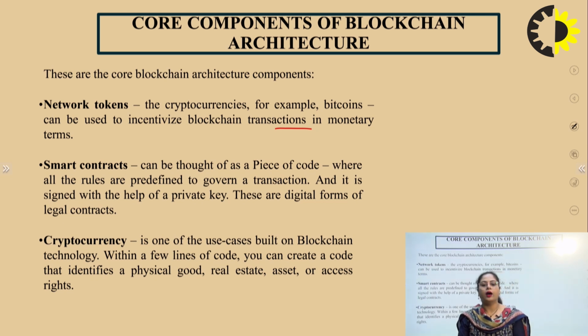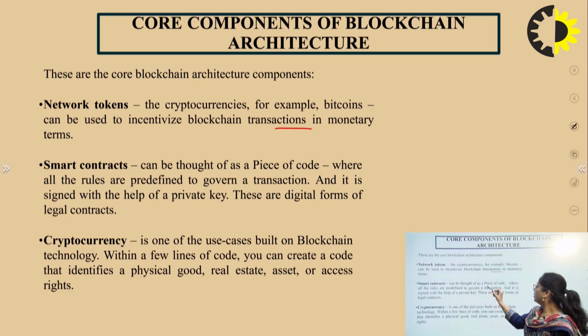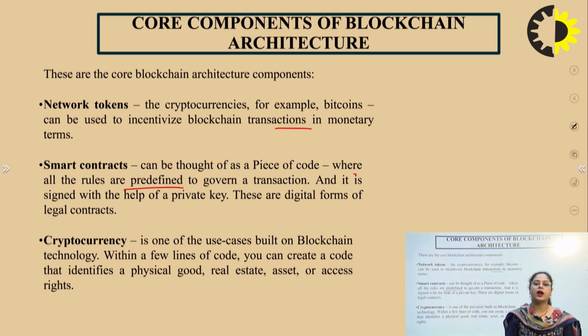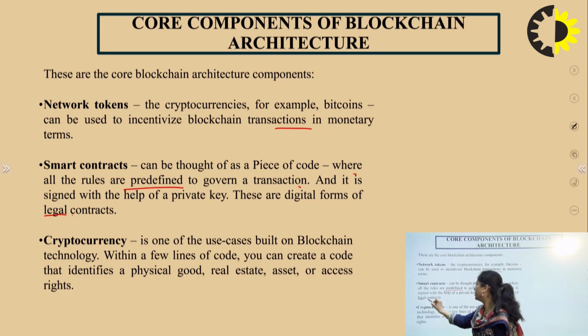It can be thought of as a piece of code where all the rules are predefined. In smart contracts, all rules are predefined to govern a transaction, and it is signed with the help of a private key. These are the digital form of a legal contract.